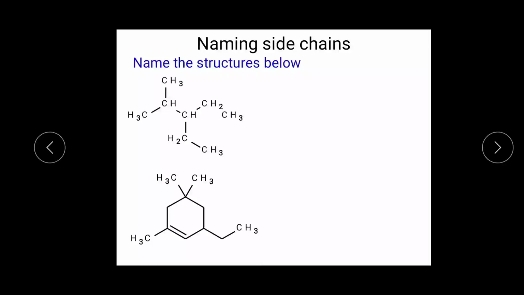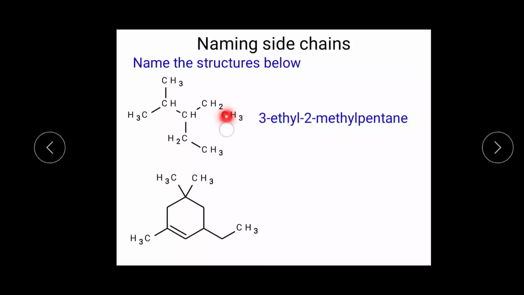Now, let's try to name the structures below. This is a 3-ethyl 2-methyl pentane. The longest chain is 1, 2, 3, 4, 5, or it could be 1, 2, 3, 4, 5.